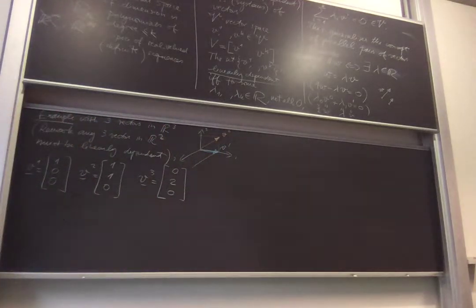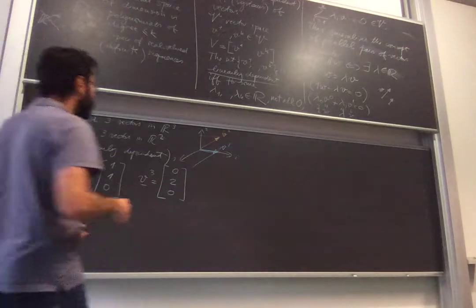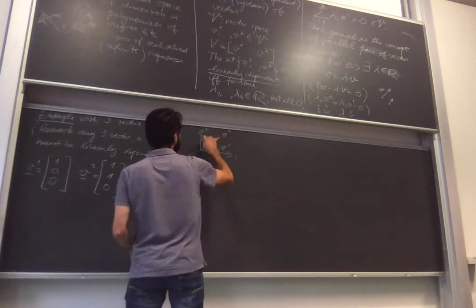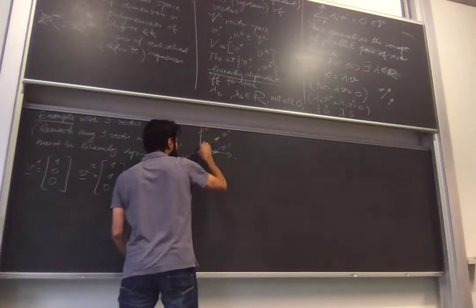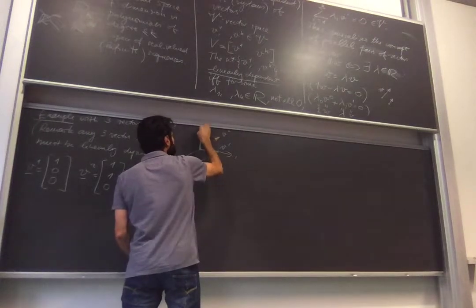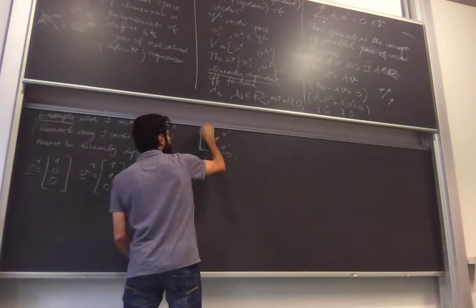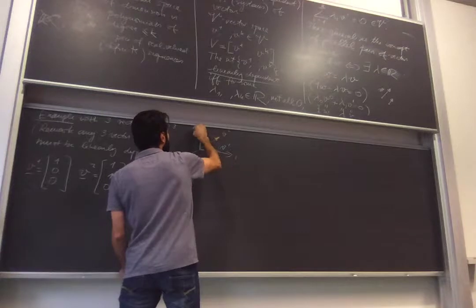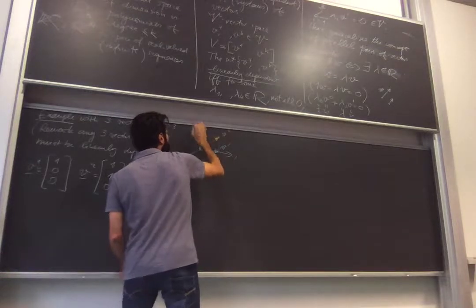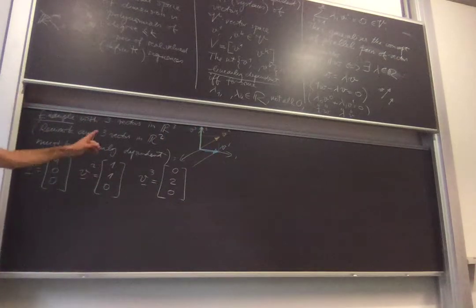And let's do V3. So V3 is here. V3 is a long vector along the second axis. I don't have enough room to draw it, but it's here, right?